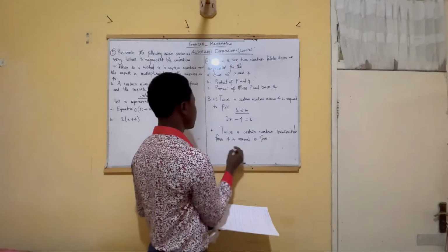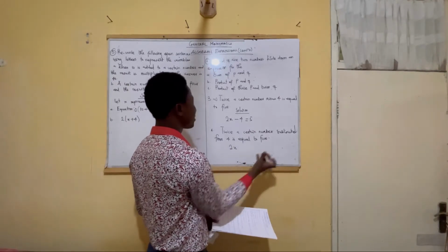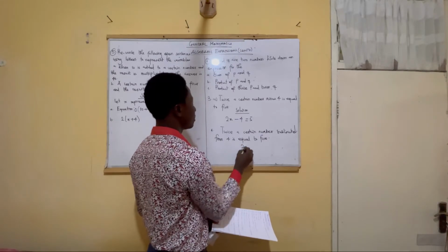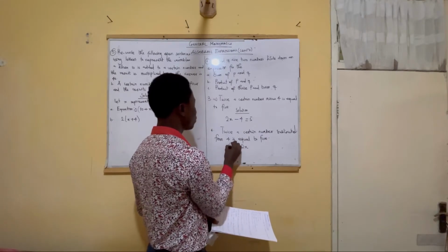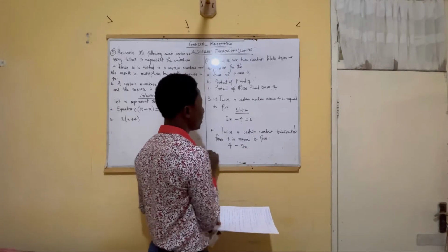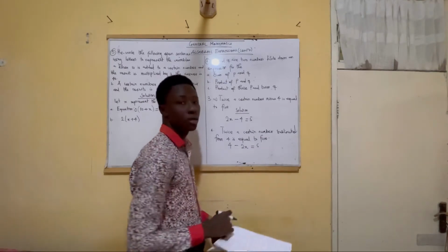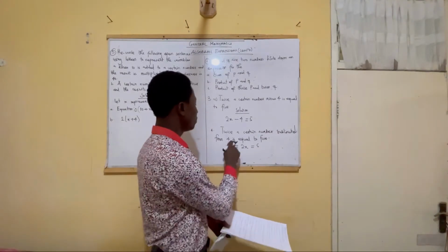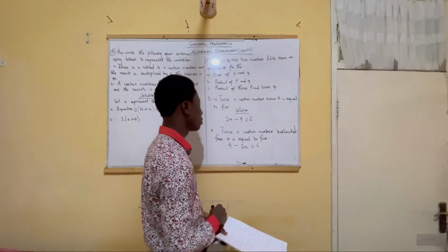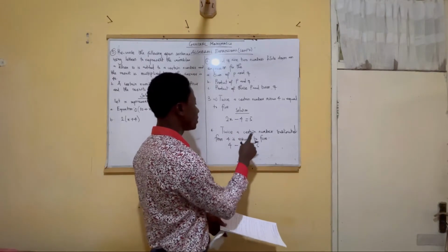In this case, twice a certain number, 2x, is subtracted from 4. It's subtracted from 4, meaning 4 should be here, then you take twice that certain number from 4, is equal to 5. So that is it. Normally, when you see 'is' in a word equation like this, it means equal to. Twice a certain number subtracted from 4.